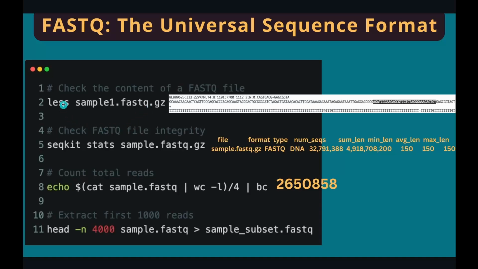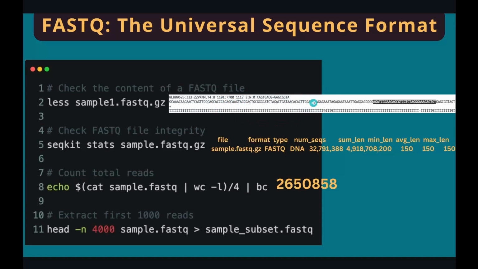They are large text files and are usually compressed. Due to their large sizes, directly opening them on your computer will crash the entire system. But we can take a peek using the command less. In your terminal, type less and your FASTQ file, and that will show you the inside of a FASTQ file.